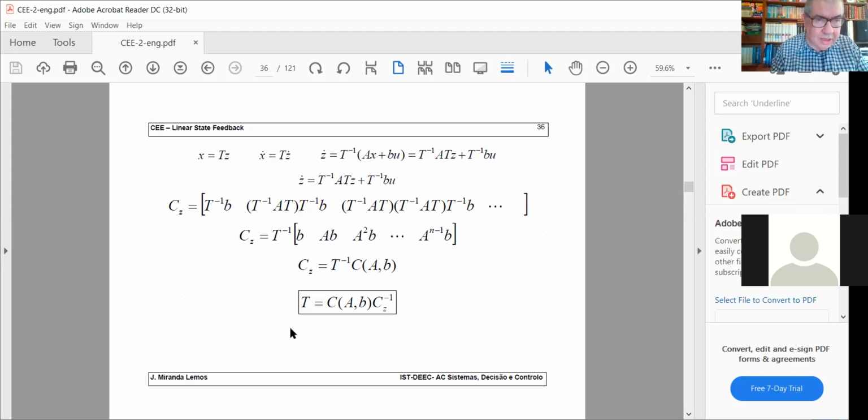So you can do a state transformation x equal to T z. So you can find the T that connects both states. And this T is given by the controllability matrix in the x coordinates times the inverse of the controllability matrix in the z coordinates. Okay? That's a remarkable result.